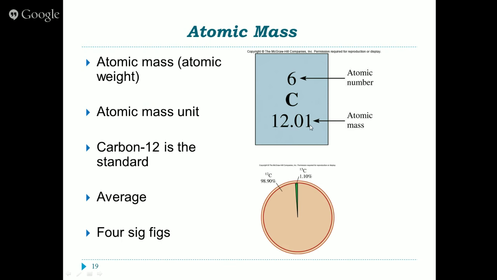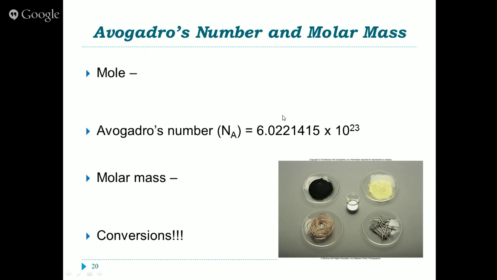So I have atomic mass units for measuring 1 atom, where I have grams to measure 1 mole of those atoms. And because I can now put something in terms of grams per mole, I can convert between a mass and the number of atoms that I have present.